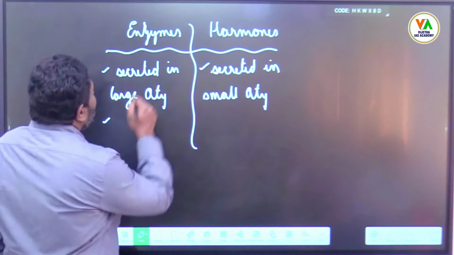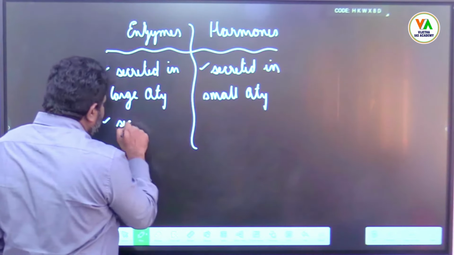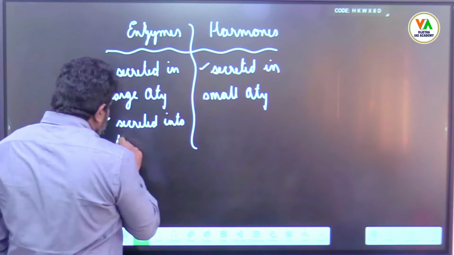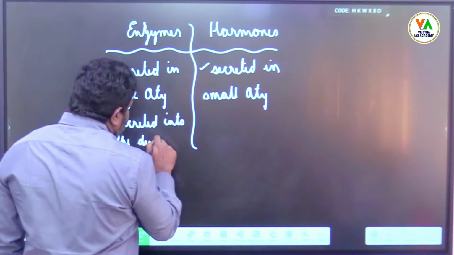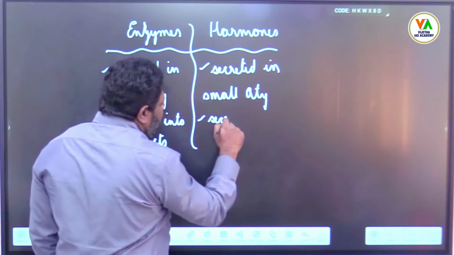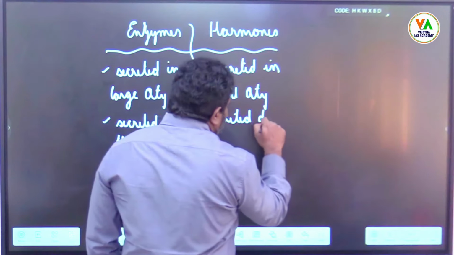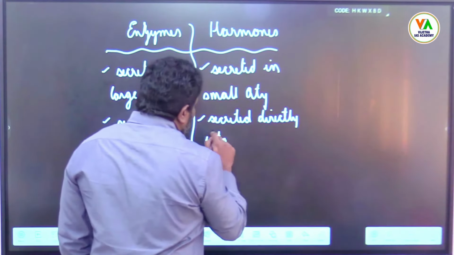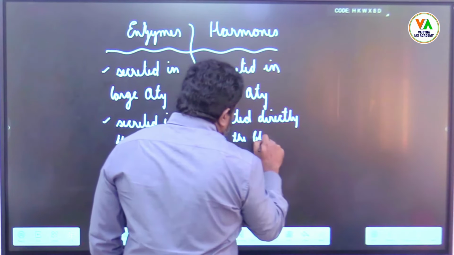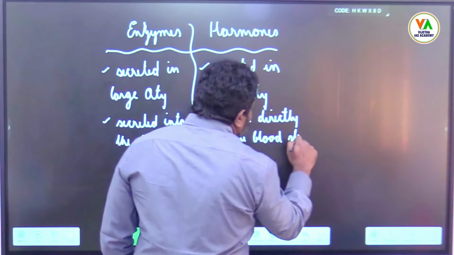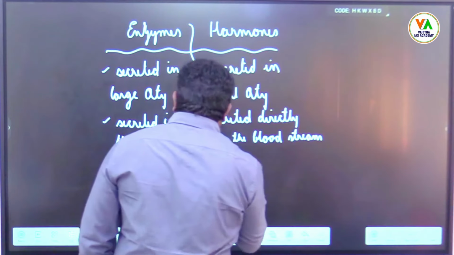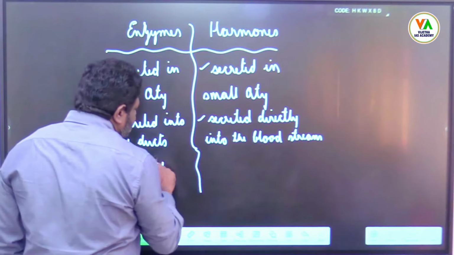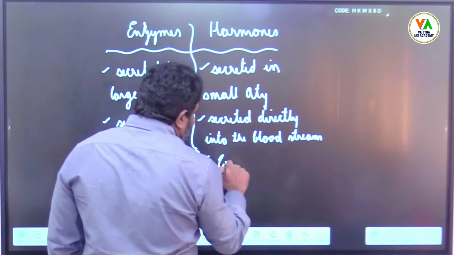Enzymes are secreted into the ducts. Hormones are secreted directly into the bloodstream. So that is why even small quantities are able to exert their action. Enzymes are secreted by exocrine glands. Hormones are secreted by endocrine glands.